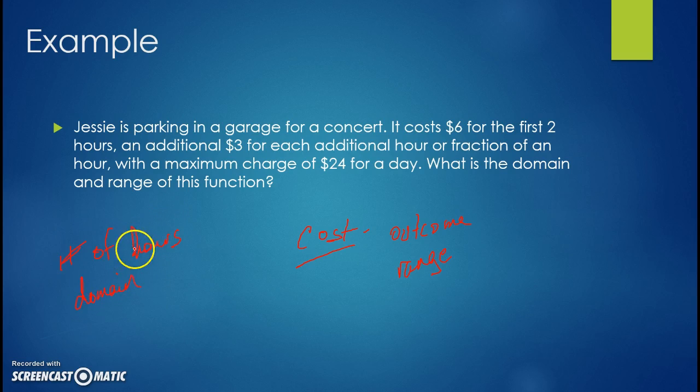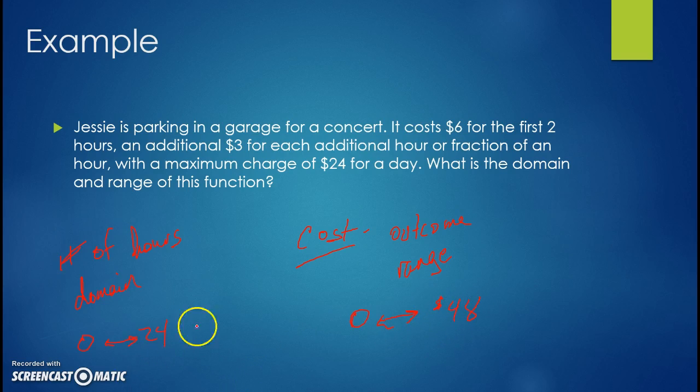So we have here the number of hours is the domain, and the cost, or the total cost, would be the range. A domain can be anything from 0 to 24, and then you would use these numbers to find the cost. And I did not do the math, but let's say it's anywhere between 0 and $48 for a 24-hour period.